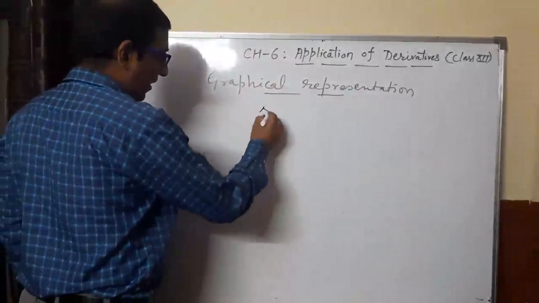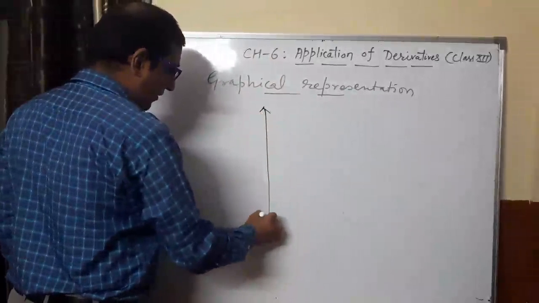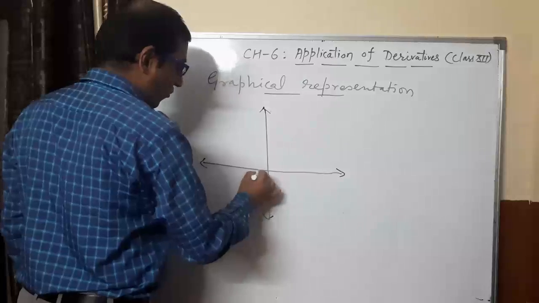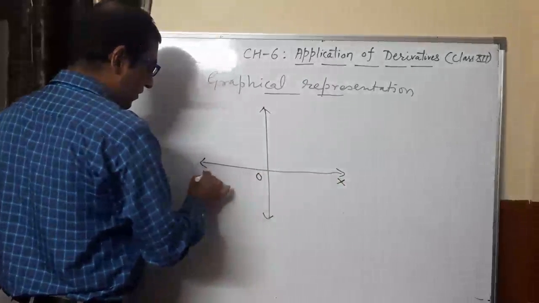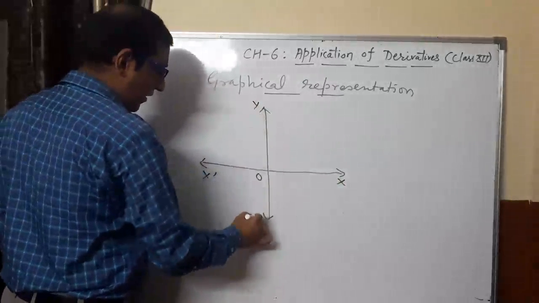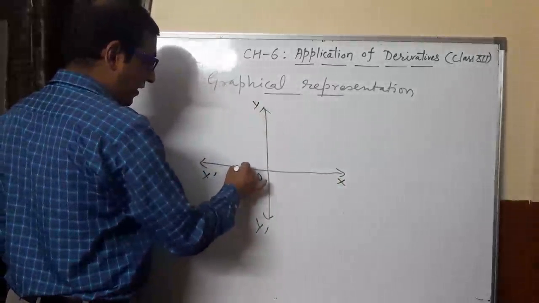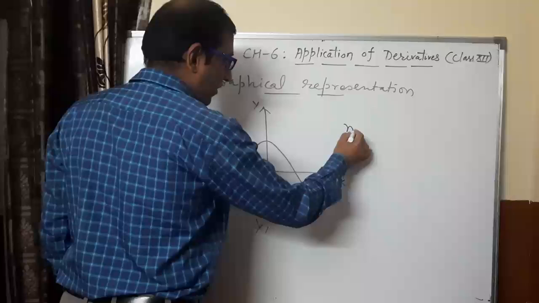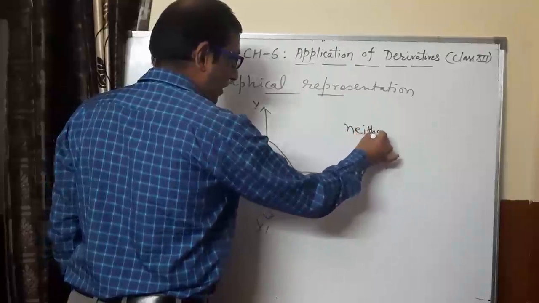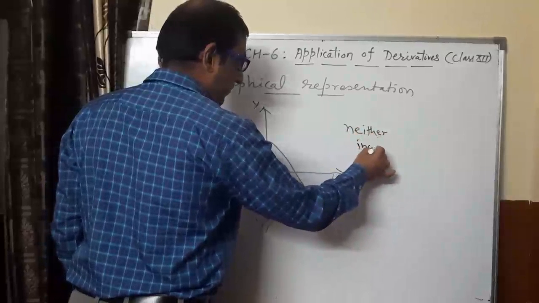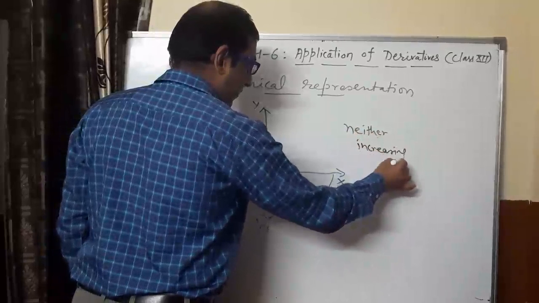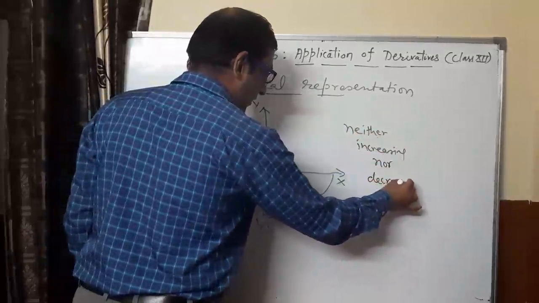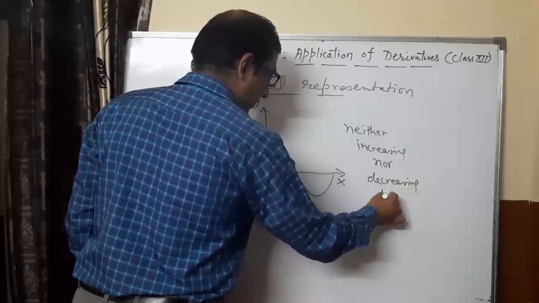So again, if we take the coordinate axes which intersect at point O, then we can say it looks like this. So this is the graph related with neither increasing nor decreasing function.